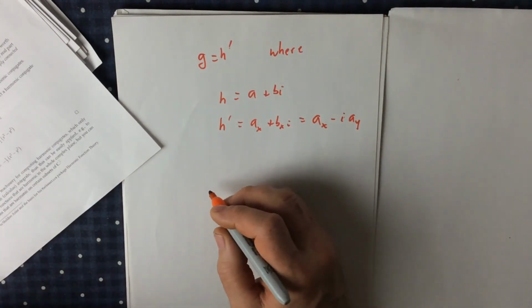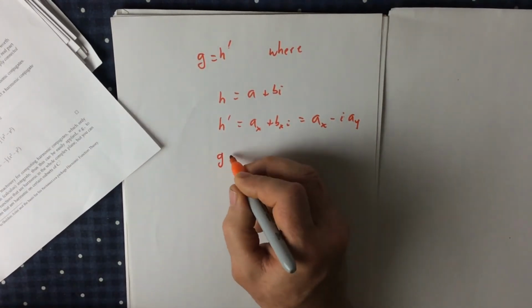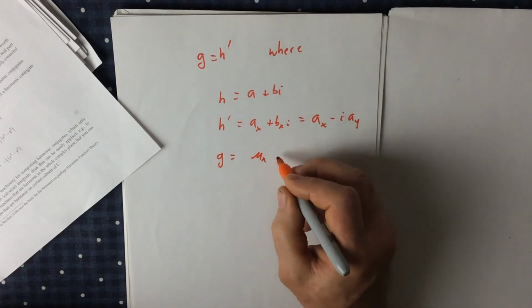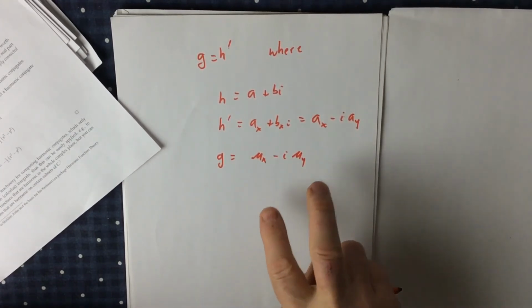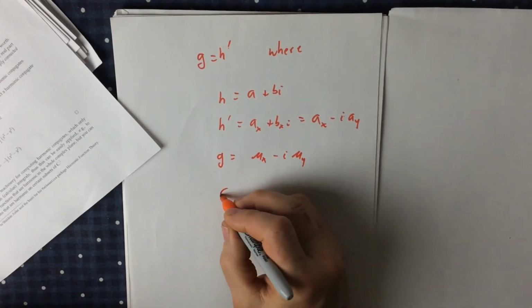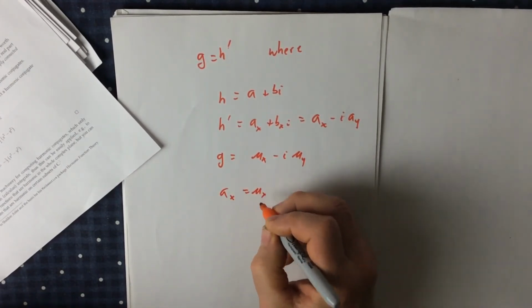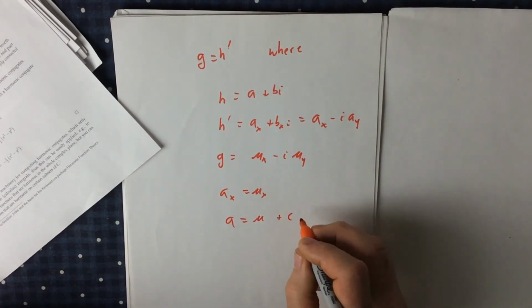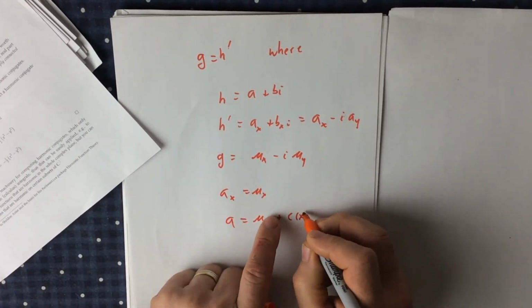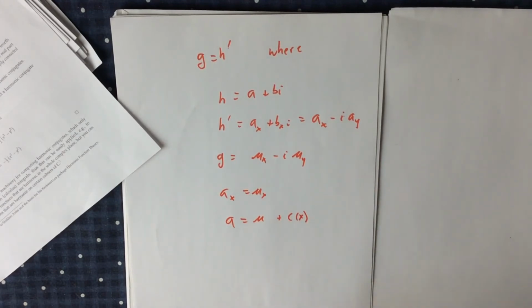Now, what is g equal to? g is u sub x minus i u sub y. Now, if these two are equal, that says a sub x equals u sub x, which says that a then is u, up to a constant which may be a function of y here. So be it.